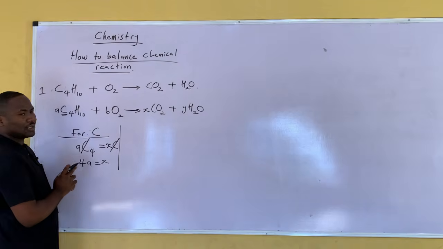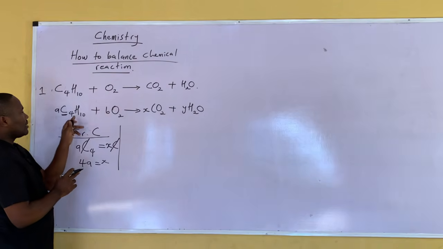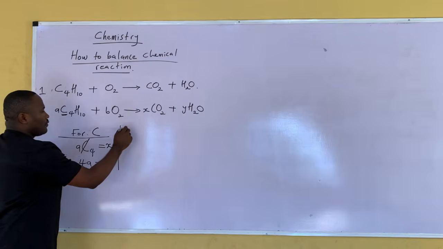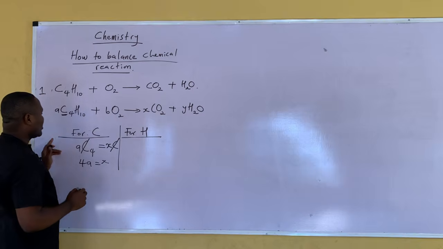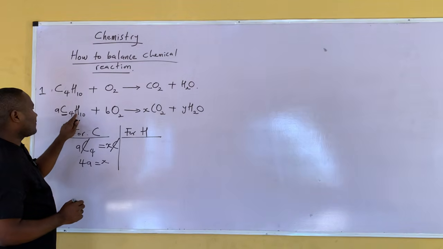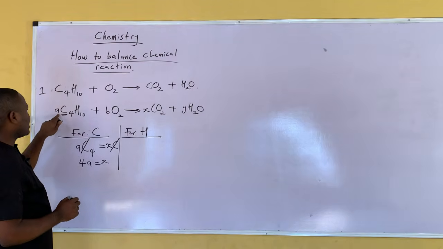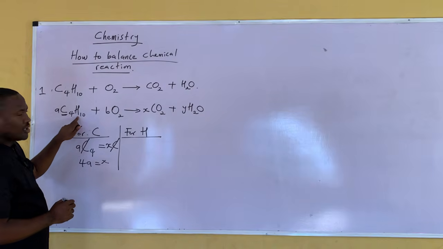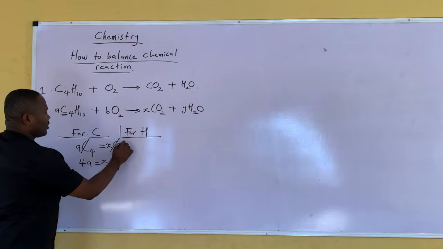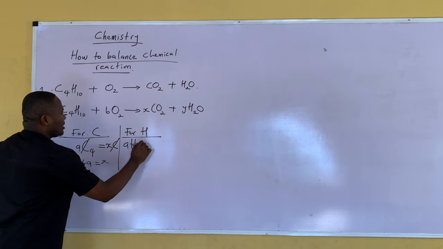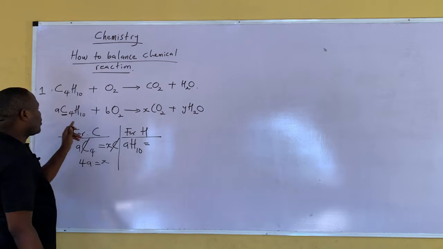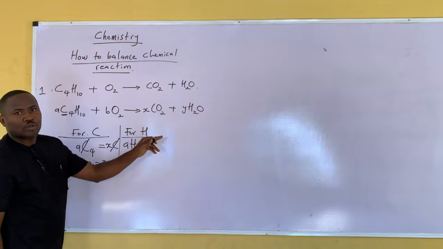I'm done balancing carbon. The next element is hydrogen, H. I have 10 affecting H, and I have this A affecting H. So for H I have A H10 is equal to, where do I have H at my product side?